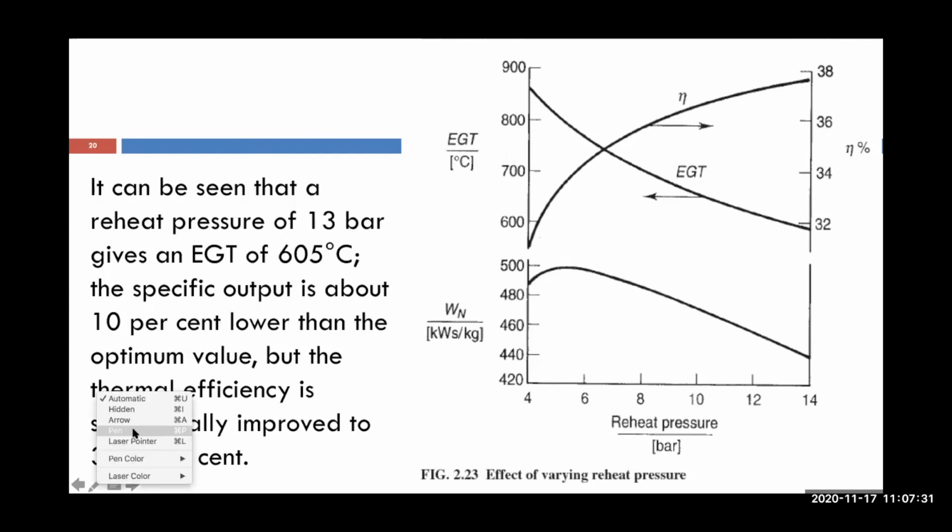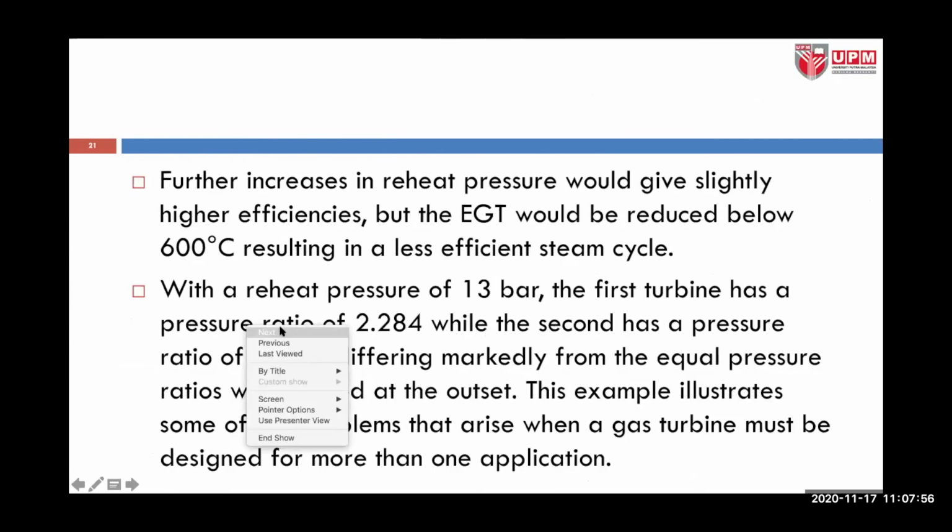So let me just point it out using a pen. Let's say this is at 13 bar. So it will result in 605 degrees Celsius of exhaust gas temperature. So the specific output is about 10% lower.